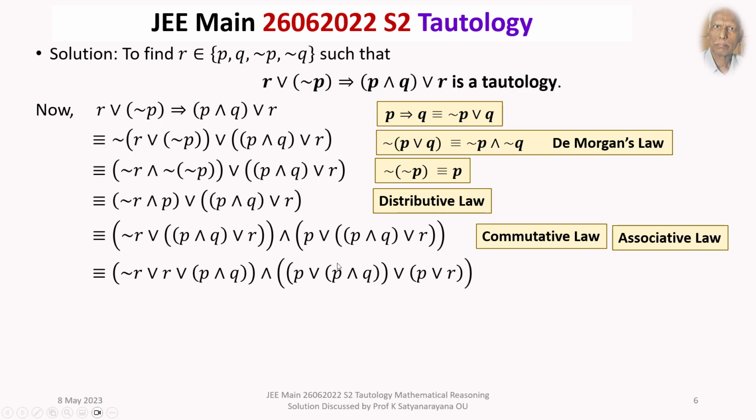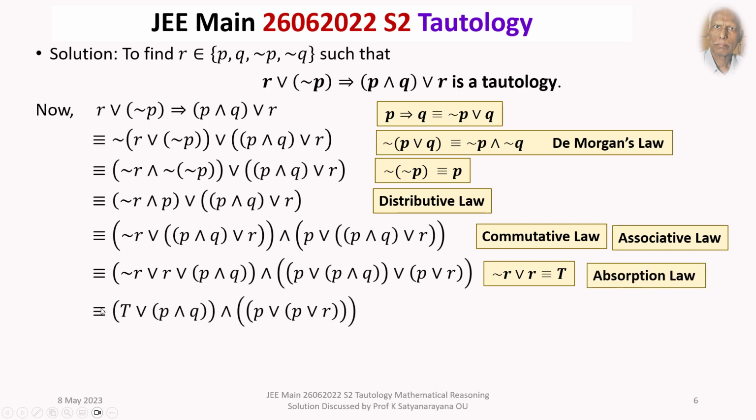And now use the associative law: P and Q in brackets, R, P or R. Agreed. And negation of R or R is always a tautology for all values of R. So that is T. And here we use the absorption: P or P intersection Q is P. That is what is called the absorption law.